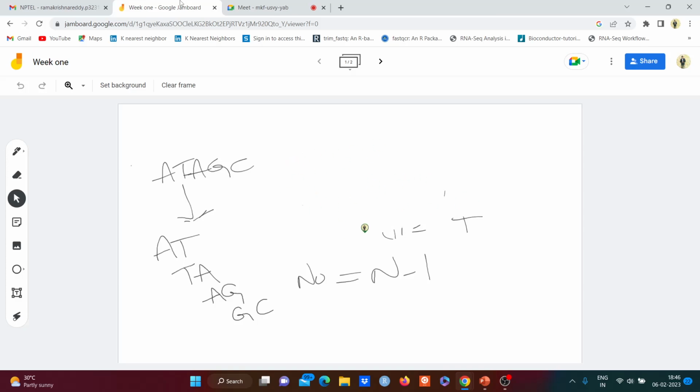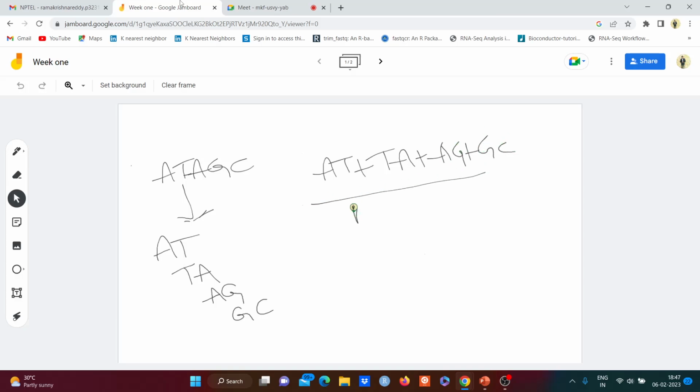Now we have 4 combinations. So what is the formula? AT plus TA plus AG plus GC divided by the number, so that is n minus 1, or in other terms we can write it as 4. So we have 4 pairs.